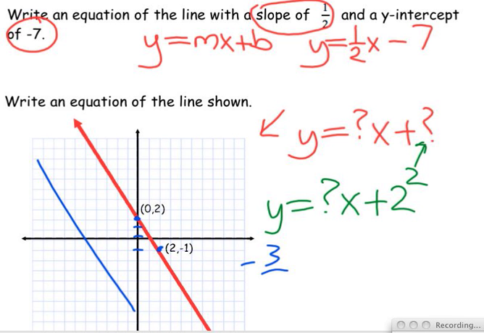One way of thinking about this that's sometimes helpful is to draw a triangle and then count it that way. And you'll see that it's -3 over 2 x. So our line is going to be y is equal to -3/2 x plus 2. That is going to be your slope-intercept form of that line.